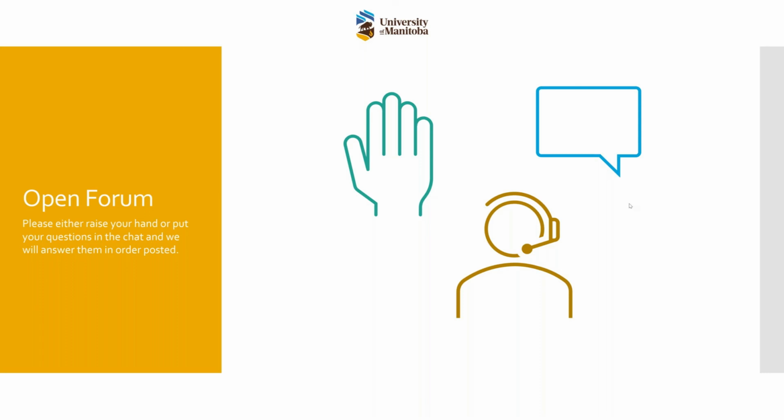So if people are actually online, they don't have to wait until the presentation is over and then contact either the libraries or FGS, because hopefully I remember them all. For the first one, I believe it was Orcid.